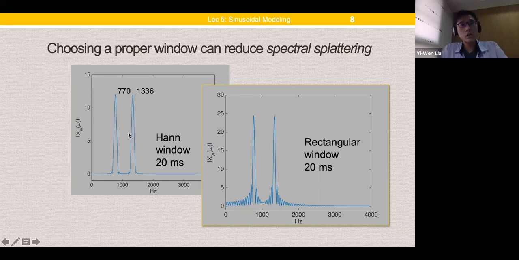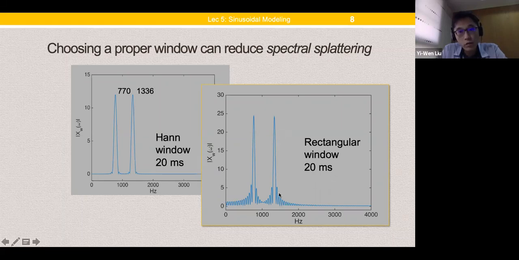But if you look at the difference between the Hann window and the rectangular window results, first of all, the significant peaks are located at the right location for both windows. But the difference is that the Hann window results have a wider main lobe. The width of this is called the main lobe. The main lobe is like a petal, 是花瓣的意思.